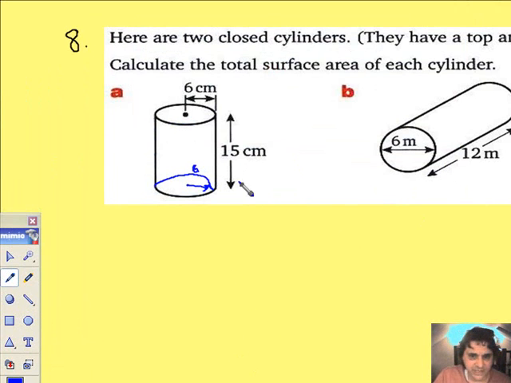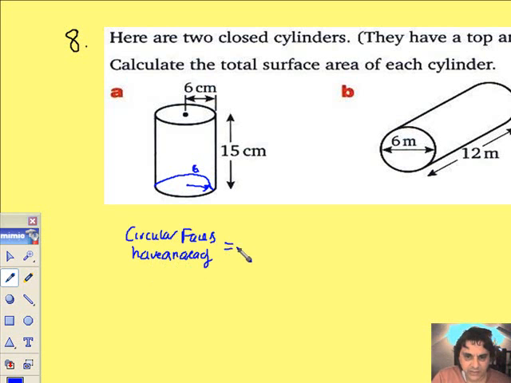The total surface area. I've got a circular top and a circular bottom. Let's do that first. The circular faces have an area of pi times radius squared, pi r squared, which is 3.14 times 6 squared.